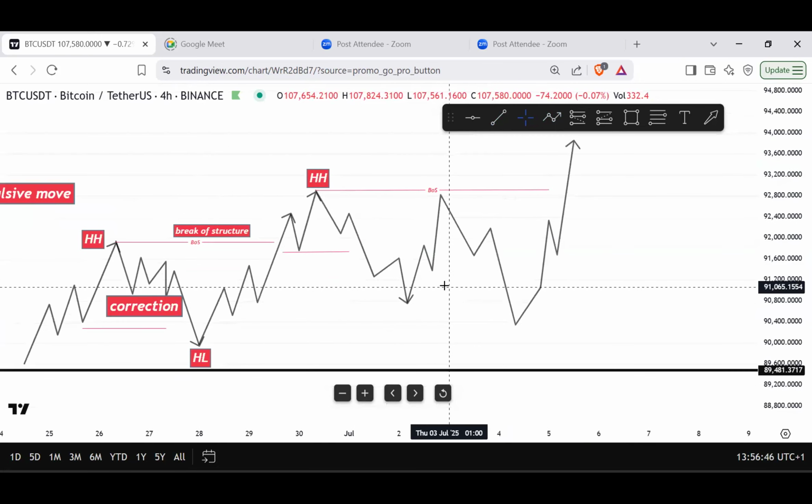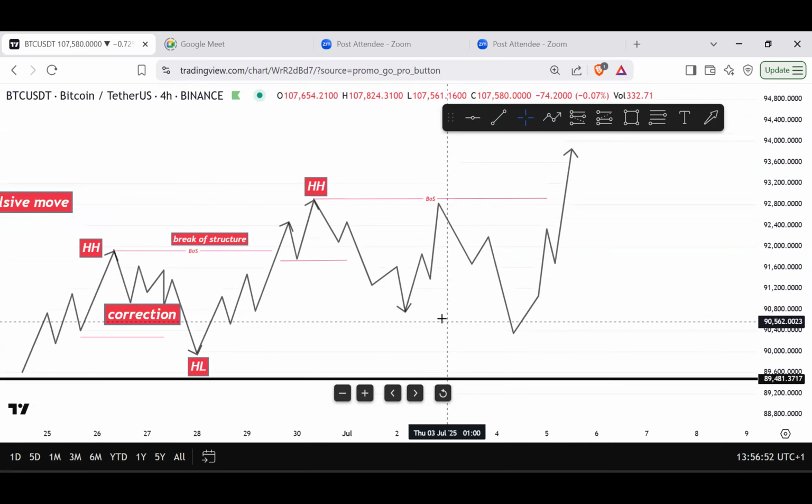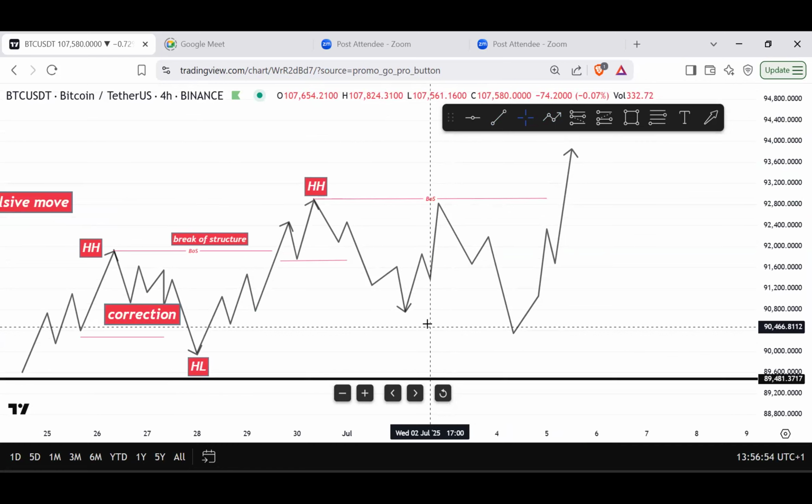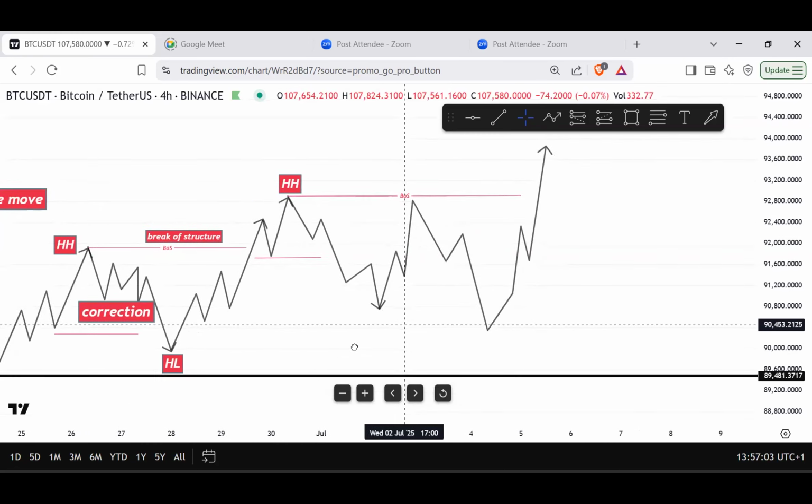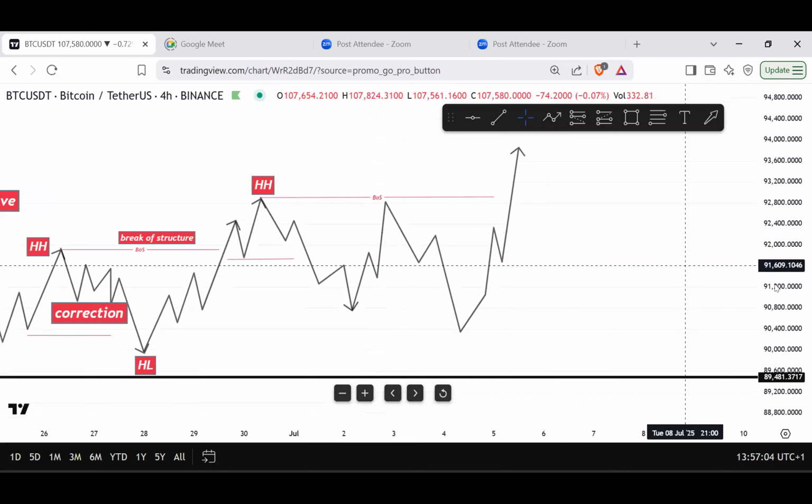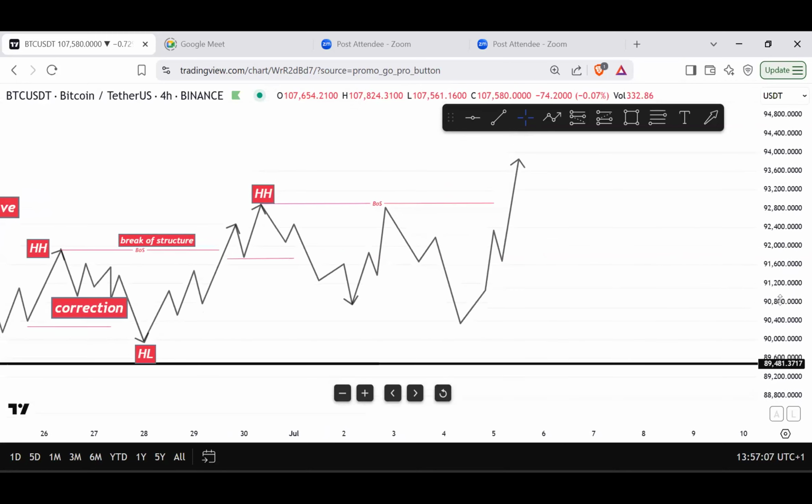So are you getting the structure of the market now? Yes, I'm getting it now. This is what the market does. It keeps giving us impulse, correction, impulse, correction. So where are we going to be entering the market?